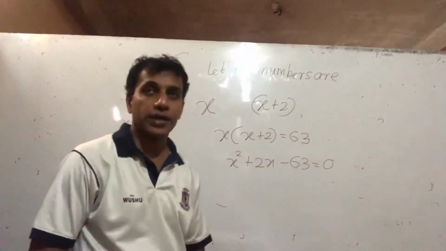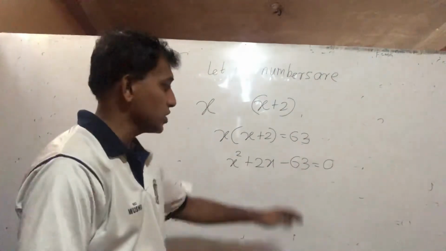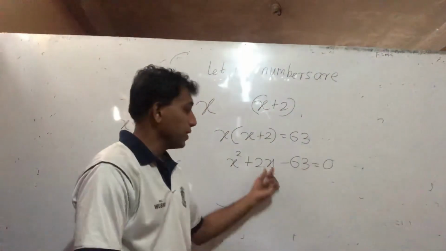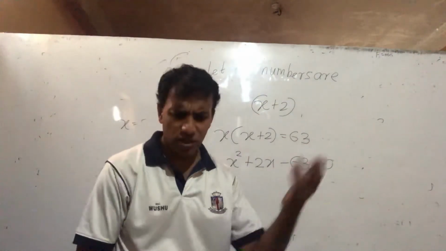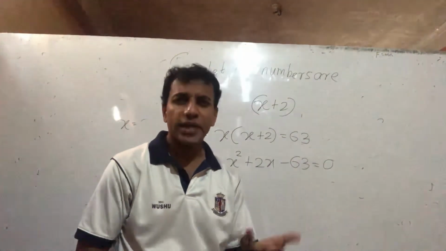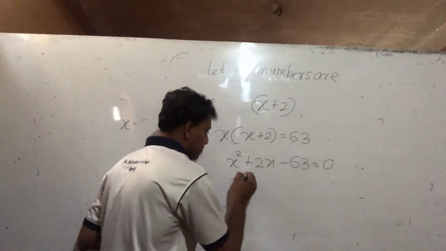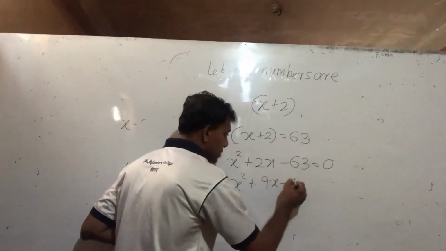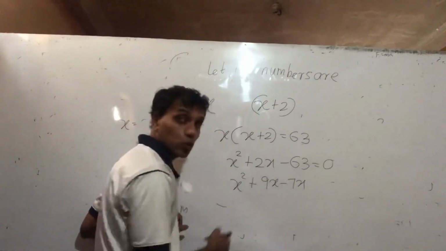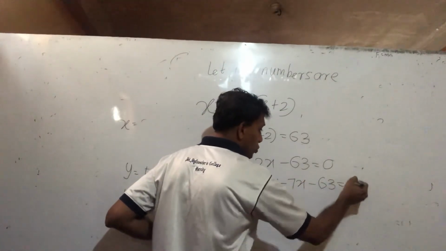Now think of two factors with multiplication 63 and summation 2. As we mentioned earlier in one problem, 63 is 9 times 7. So x square plus 9x minus 7x, that is plus 2x, minus 63 equal to 0.